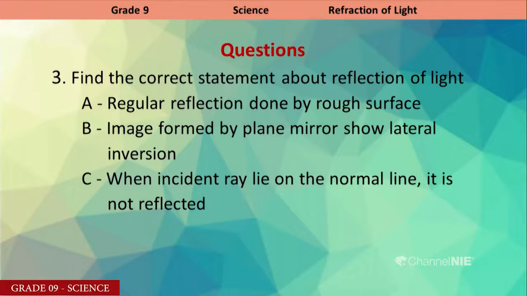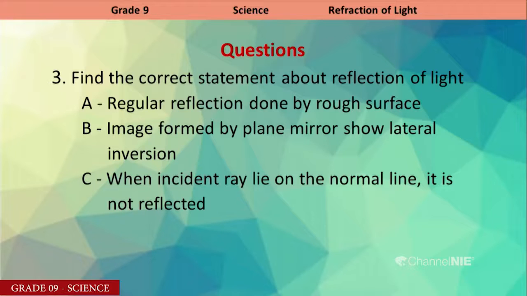Question number 3. I have put 3 statements here. Statement A, regular reflection is done by rough surfaces. Is that correct? No. Regular reflection is done by smooth surfaces. Statement B, the image formed by a plane mirror shows lateral inversion. That is correct.